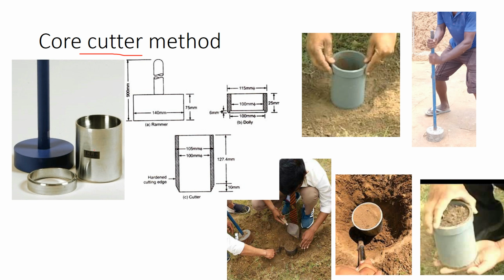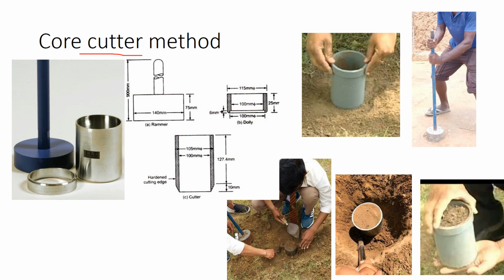The cutter has a sharp edge at the bottom and is of standard dimensions. What we do is place the cutter and the dolly, or collar, at the top. This is your plain ground. Simply clean the place, clean the strata, and place the cutter and the dolly, then hit with the rammer.